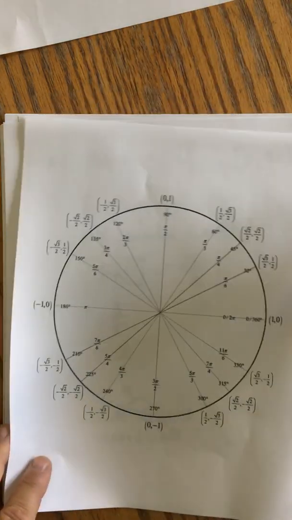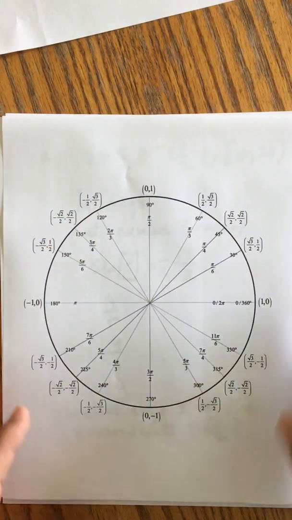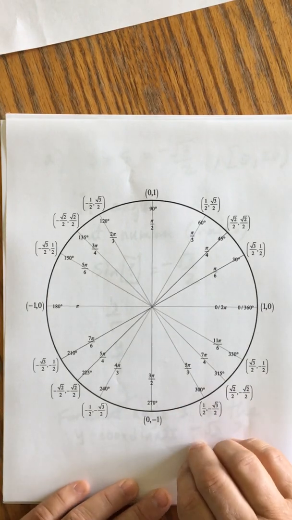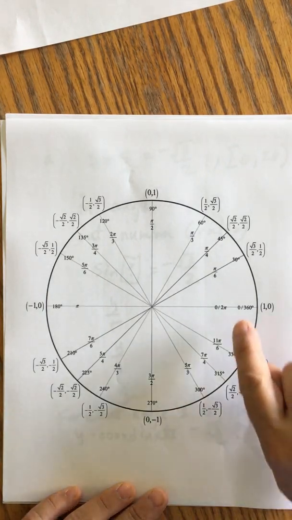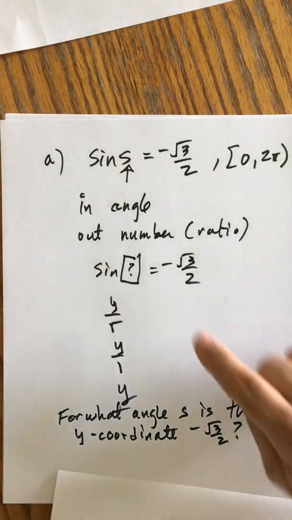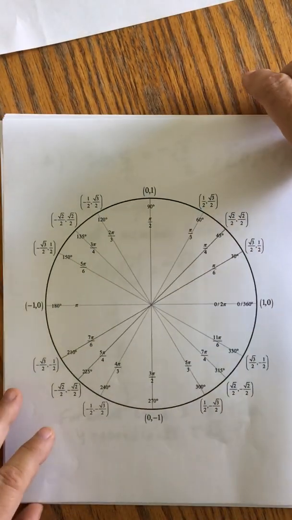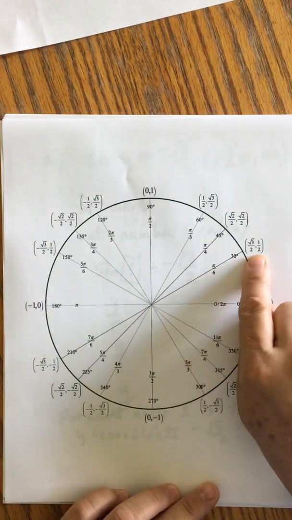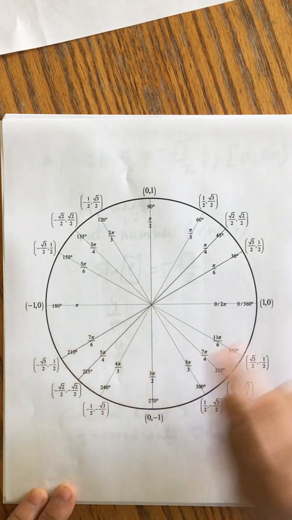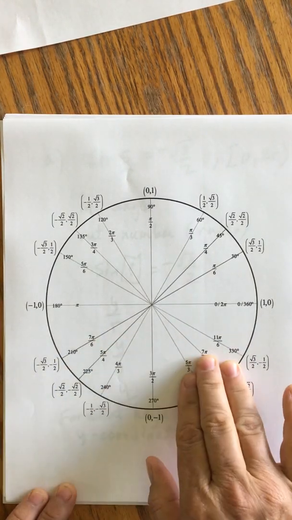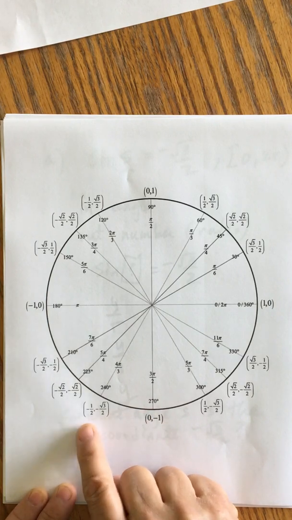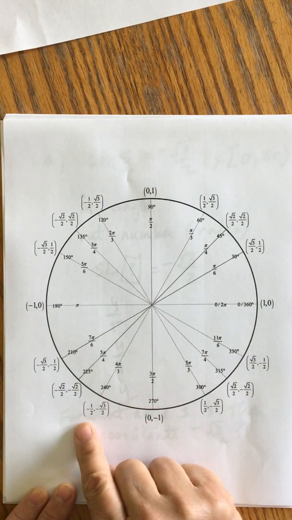So what I do then is I look at the unit circle, and hopefully you know the unit circle so well you don't even need this sheet of paper. I'm looking for where the y is negative square root 3 over 2. For example, at pi over 6, x is square root 3 over 2 and y is a half. We know that y is negative in quadrants 3 and 4, so I'm going to look in there, and they're the longer coordinates, because square root 3 over 2 is bigger than 1/2.